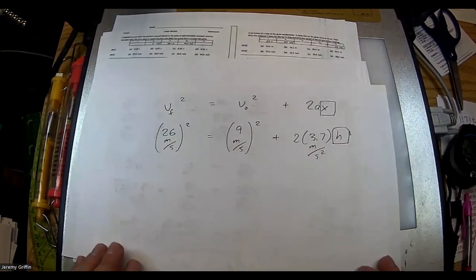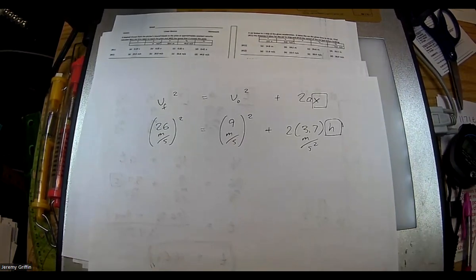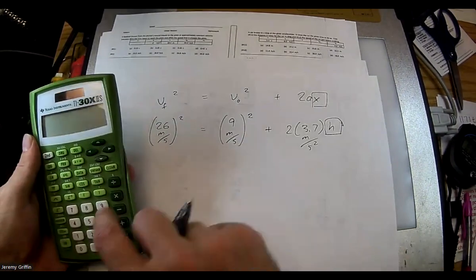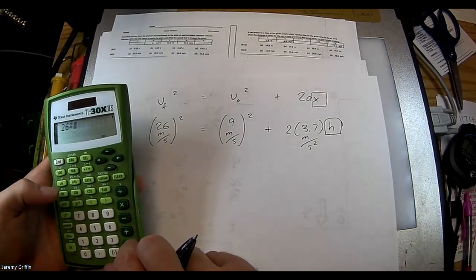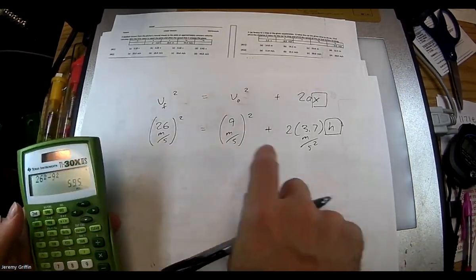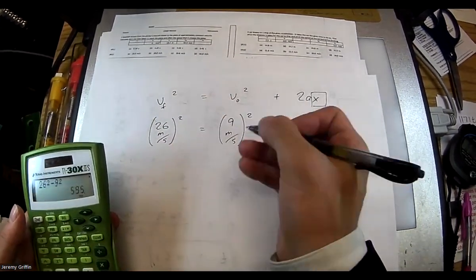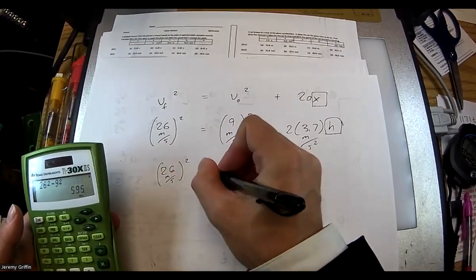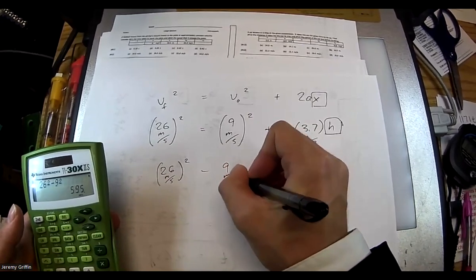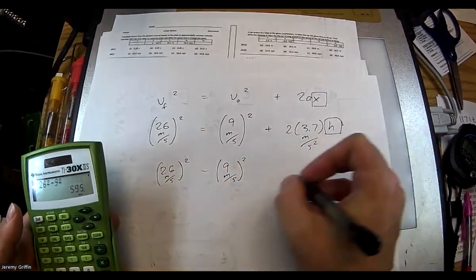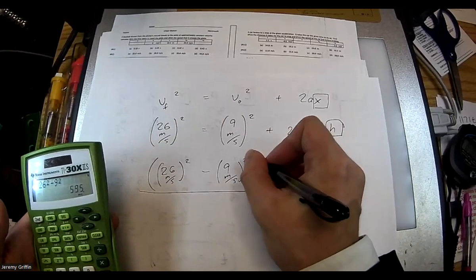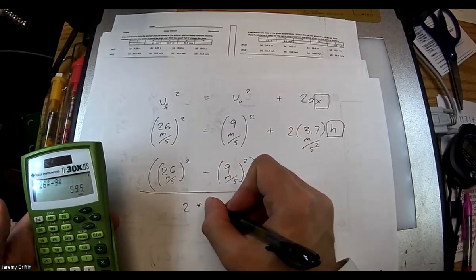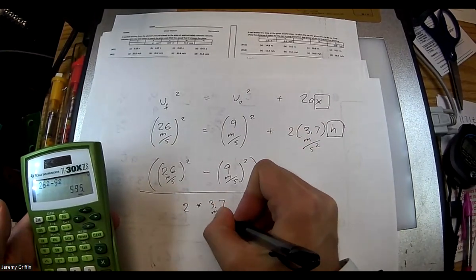And for x, I'll call it h like the height of the cliff, because that's a way to represent displacement. Okay. So 26 squared minus 9 squared. These have units. All divided by 2 times 3.7 meters per second squared.